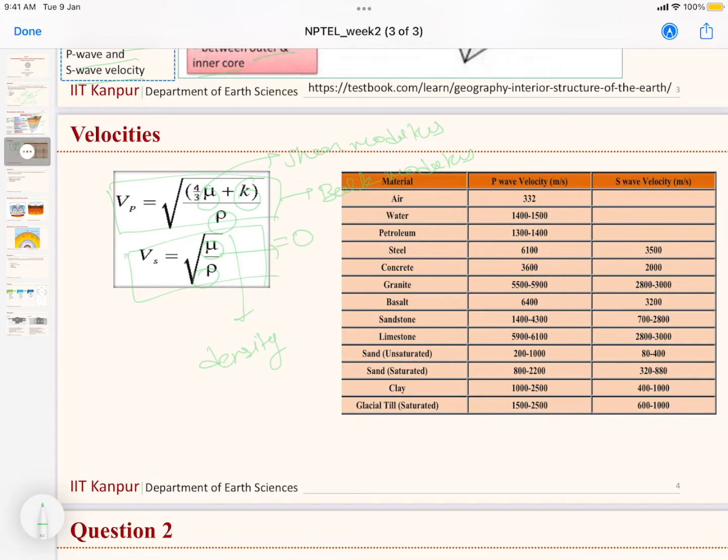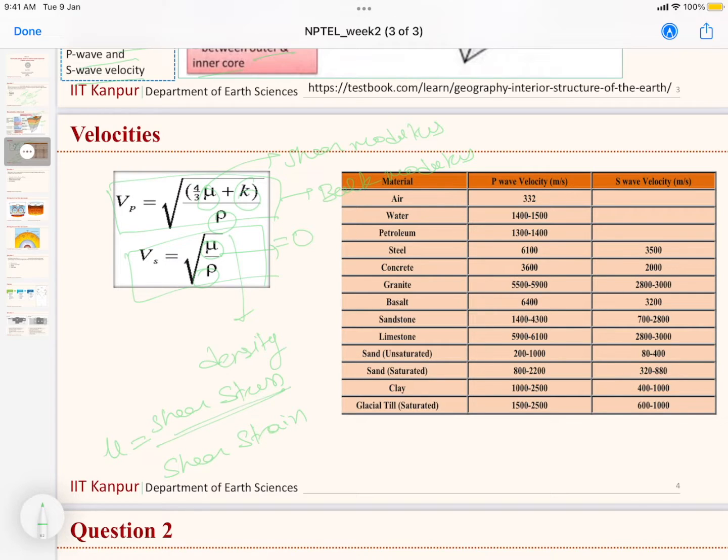So if I write the formula, mu equals shear stress divided by shear strain. If we apply a shear stress on a fluid, it will definitely flow.